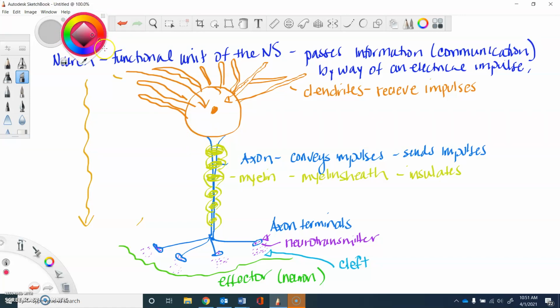It has an area here, and I just want to point this out really quickly because we will be looking at this. This little area here, where the axon starts, has a special name. It's called the Axon Hillock.